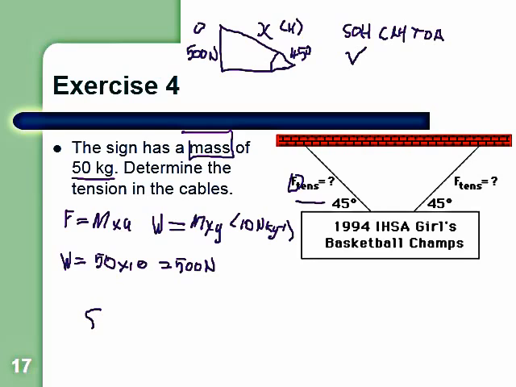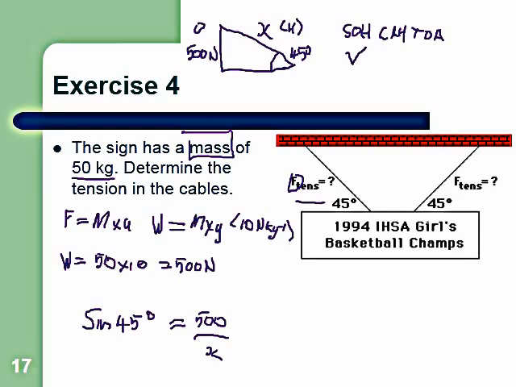Okay, so sine of 45 degrees will equal the opposite, which is 500, divided by the hypotenuse, which we don't know, which is x.